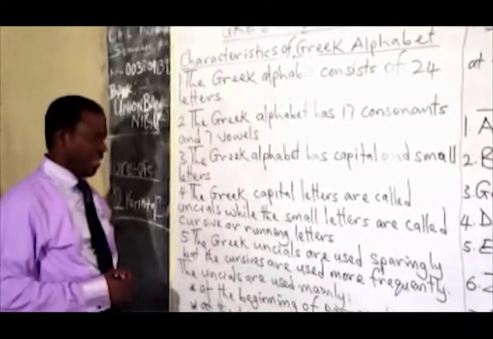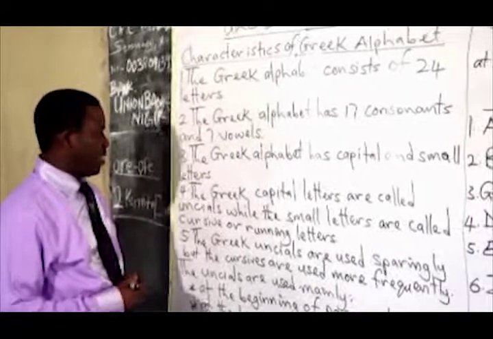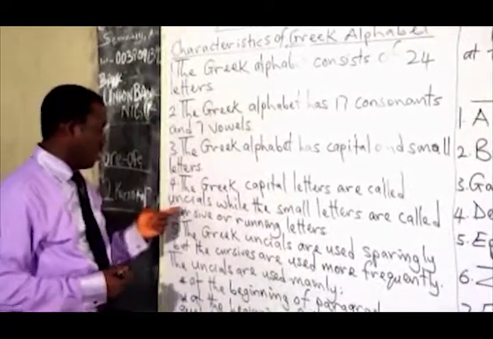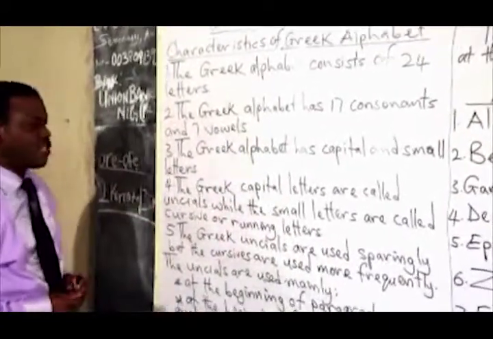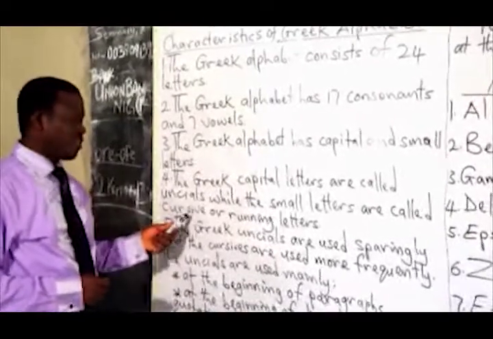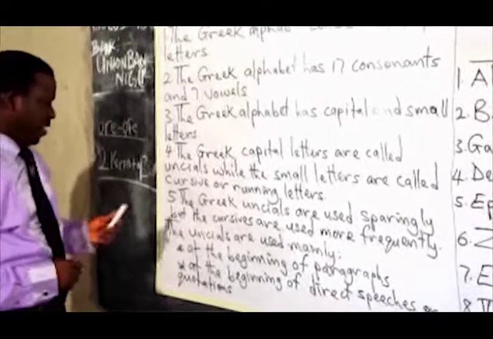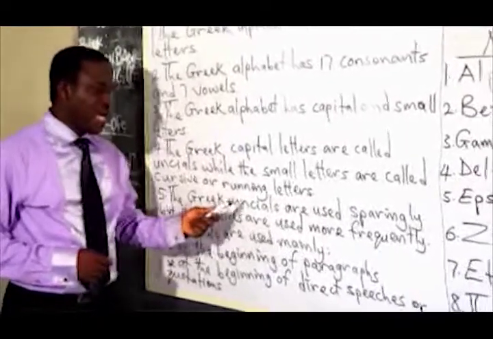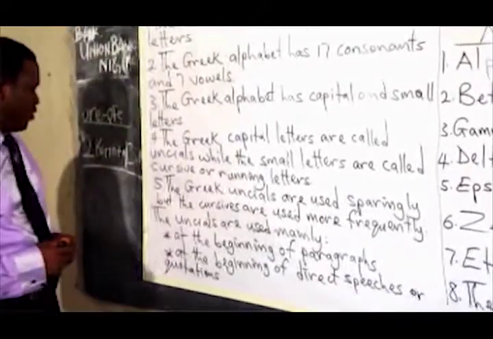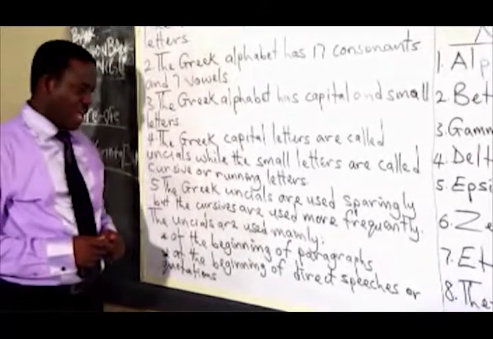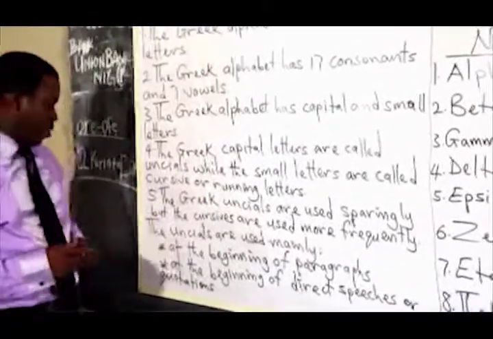Number 4, the Greek capital letters are called uncials, while the small letters are called cursive or running letters. Number 5, the Greek uncials are sparingly used, but the cursive ones are used more frequently.